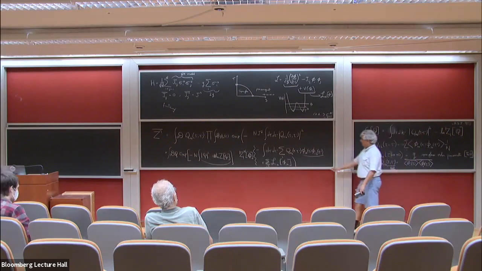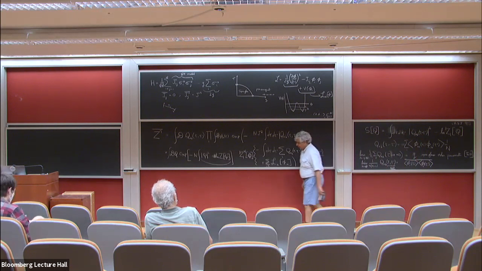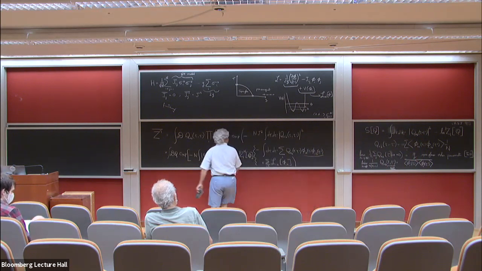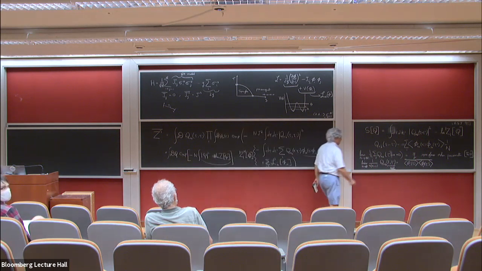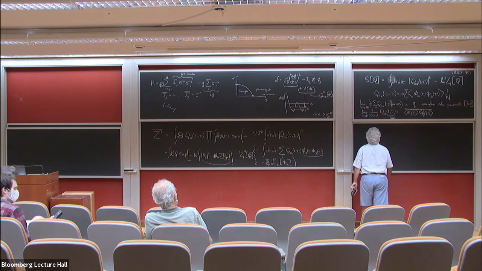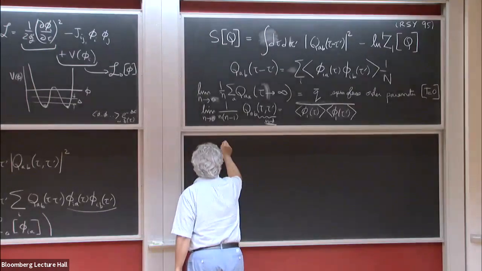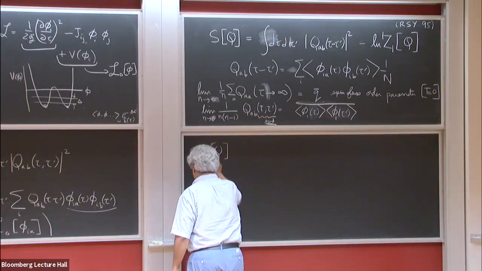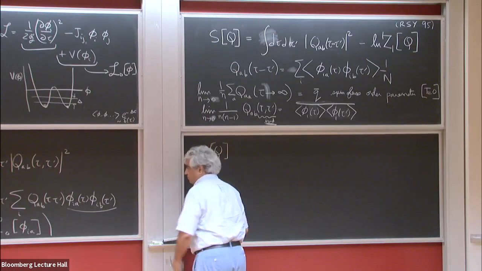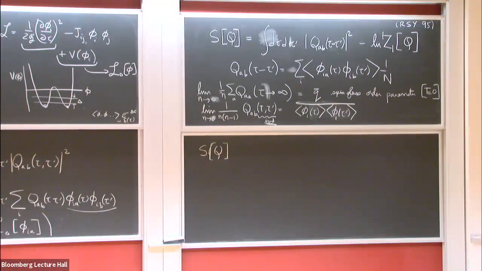But for now, we can just go ahead and expand this out in powers of Q. That's very much the philosophy of Landau theory. So I'm going to take S of Q and just expand it out in powers of Q. As I've already said, it's not something we understood how to do for the SYK model.